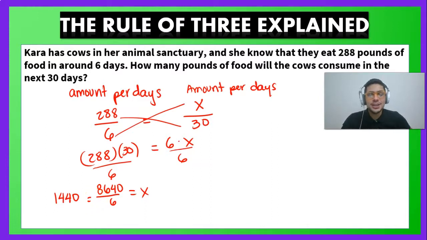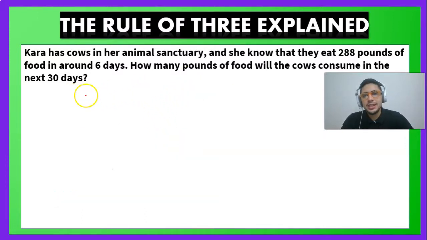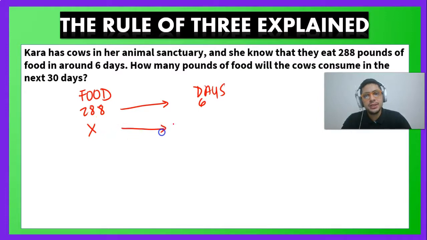Now let's try using the other approach, right? So let's try putting the amount of food on the left side and then the amount of days in the right side. So we know that they eat 288 pounds of food in 6 days. But we do not know the amount of food that they consume for the next 30 days.